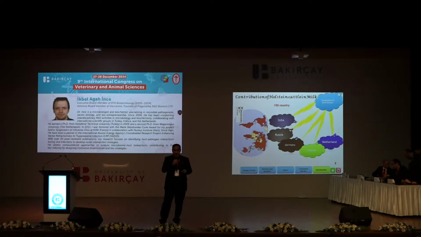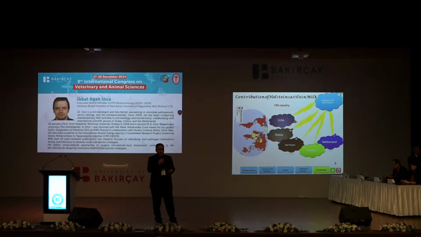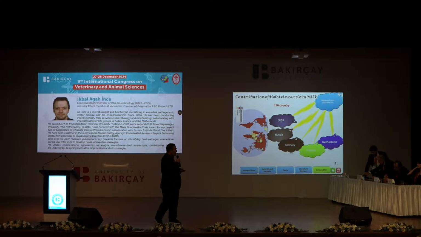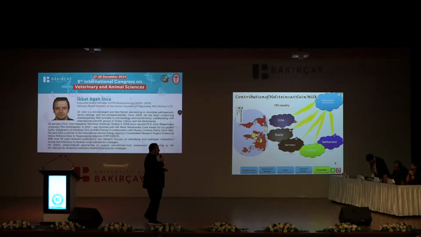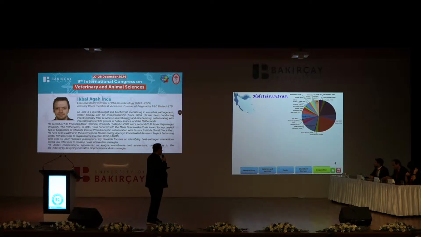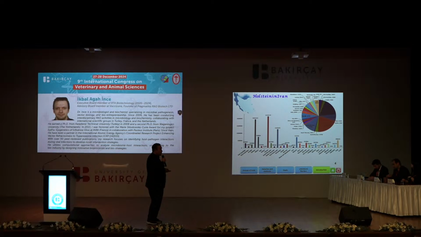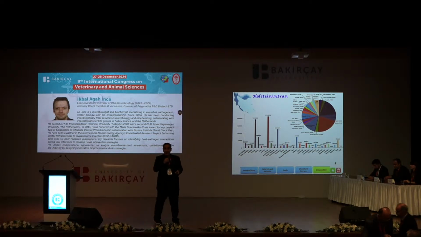So as you can see here, we have the geographical distribution of Holstein cattle in different countries. Most of the USA and European countries have a strategy to increase production of Holstein cattle. In Turkey also we have a dominant population of Holstein for milk production, and in Iran also, in different provinces, we have Holstein cattle.